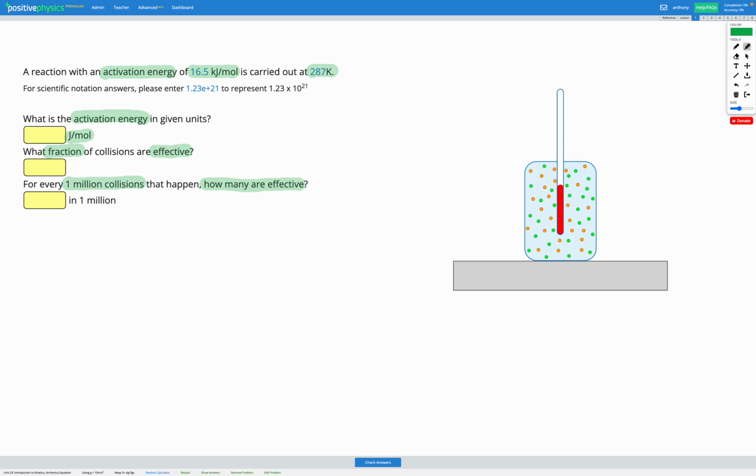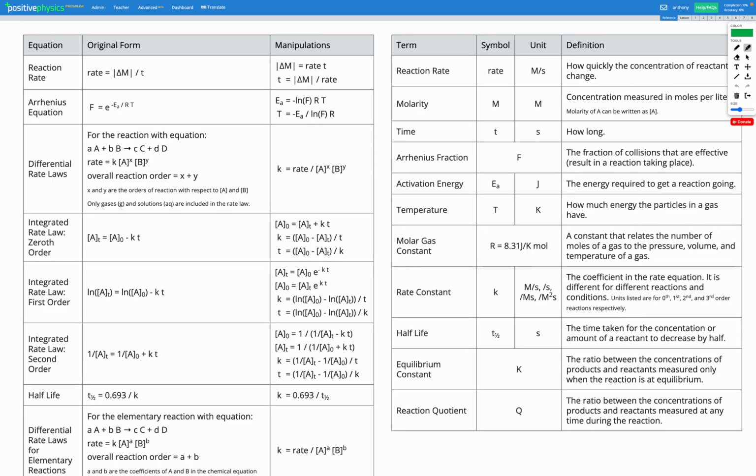Let's head to our reference sheet and find a relevant equation for this. So up here we have the Arrhenius equation. And this equation tells us the fraction of successful collisions based on our activation energy, R, where R is the molar gas constant, and T, which is the temperature.